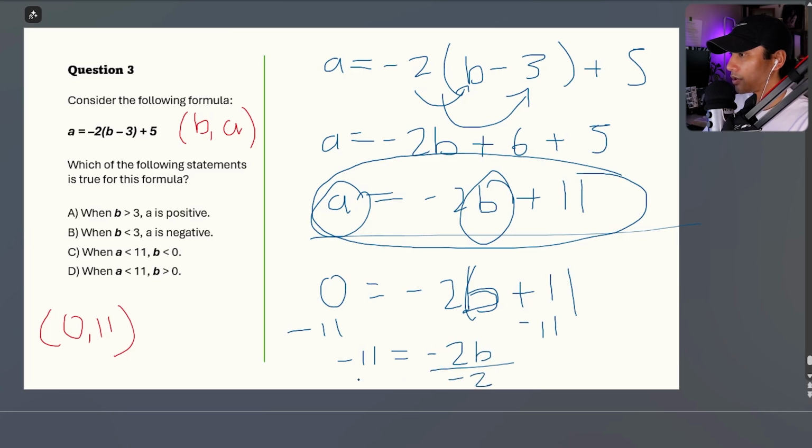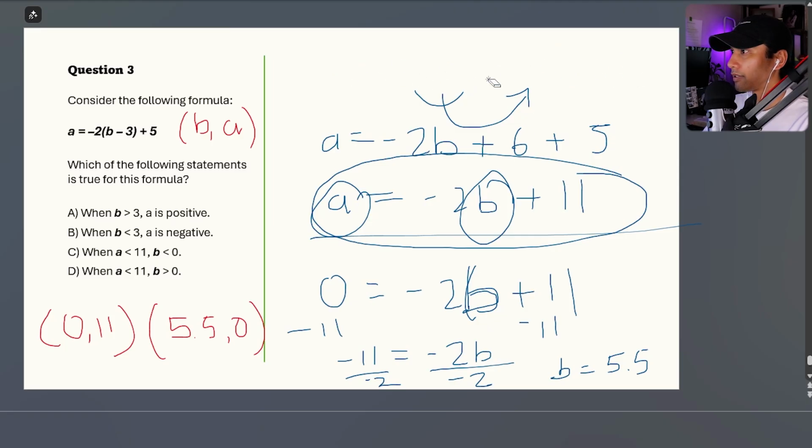Divide by negative 2 on both sides. We're going to get b equals 5.5. So now we have our b-intercept, which is 5.5 and then 0. Okay, perfect. We are ready to graph.